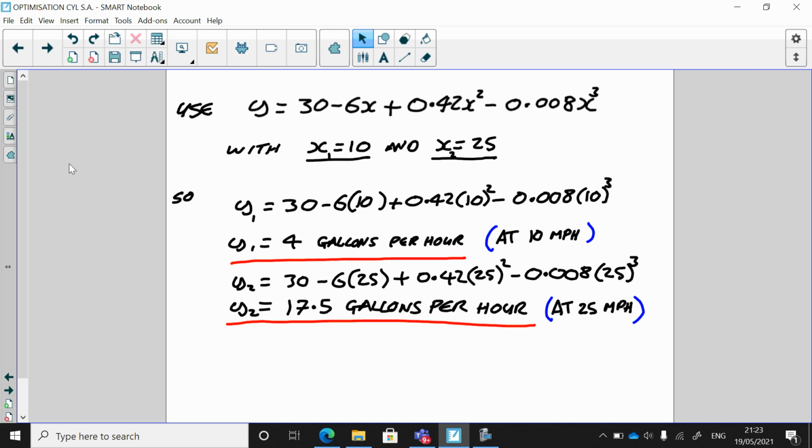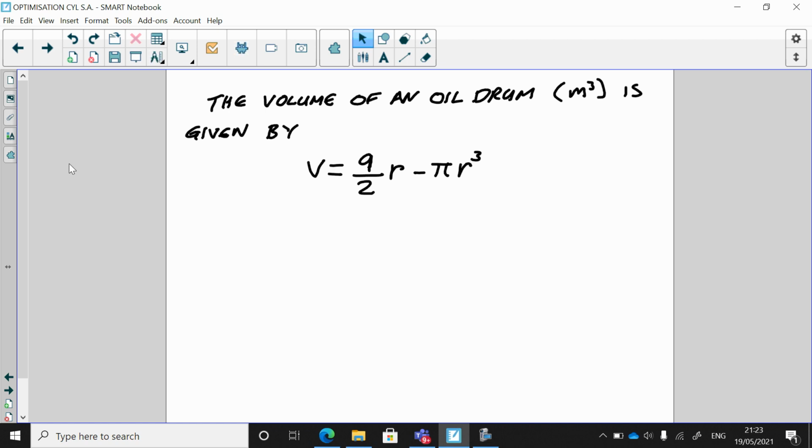Right, let's go for a third and last problem. Let's go for a nice wee easy one here. There you go, oil drum. It's given by V equals 9/2 r minus pi r cubed. So again, you know the script by now.